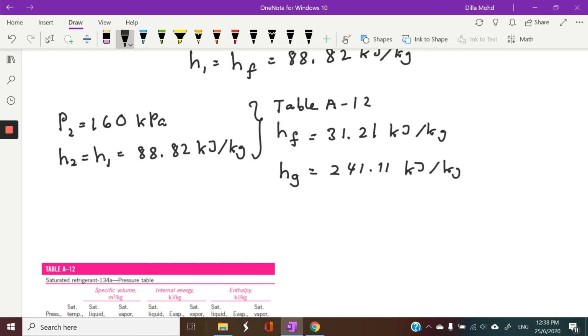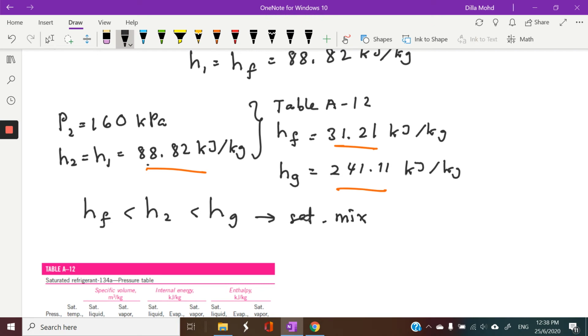We compare these two values with our actual h2 because we need to determine the state of our final condition. We can see that hf is less than h2 and h2 is less than hg. So from here, we can say that what we have at the exit is a saturated mixture.